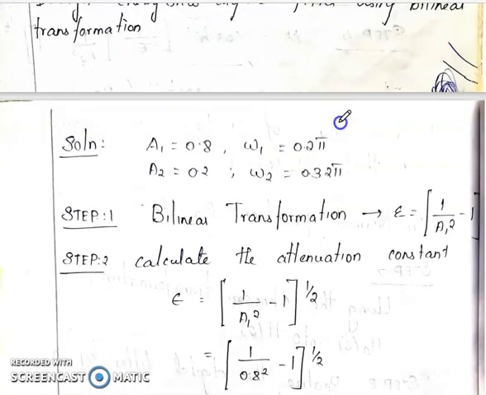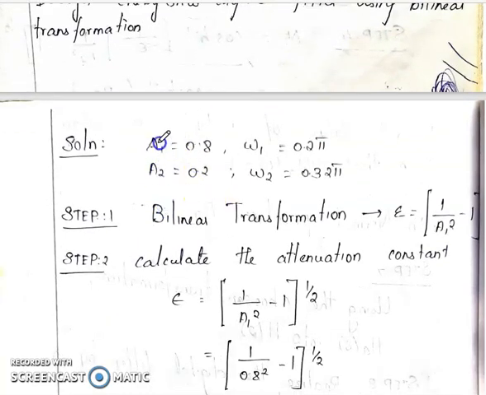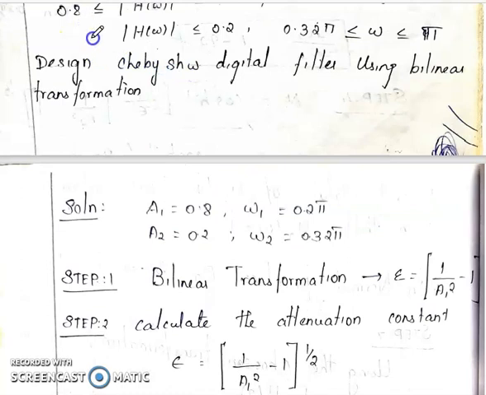So here I am using the technique of bilinear transformation. Now we consider that the value of A1 is equal to 0.8, A2 is equal to 0.2, omega 1 is equal to 0.2 pi and omega 2 is equal to 0.32 pi.